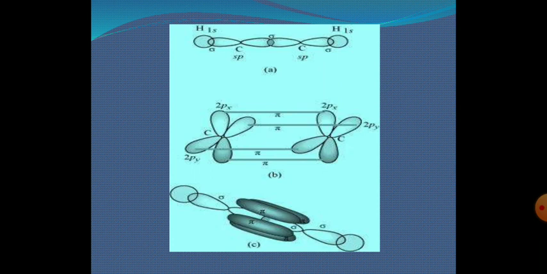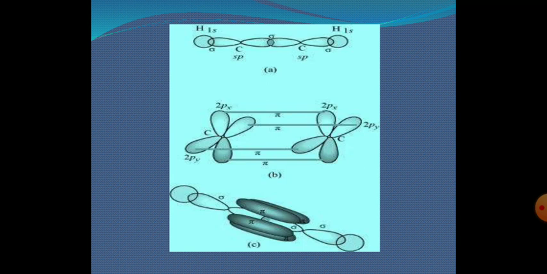These two axes are shown in figure B. From this figure you will notice the orbitals 2px and 2py joined with lines, and by combining the two unpaired electrons from the positive and negative lobes, a single pi bond is formed. These pi bonds are weaker than the sigma bond, and two pi bonds will be formed here.